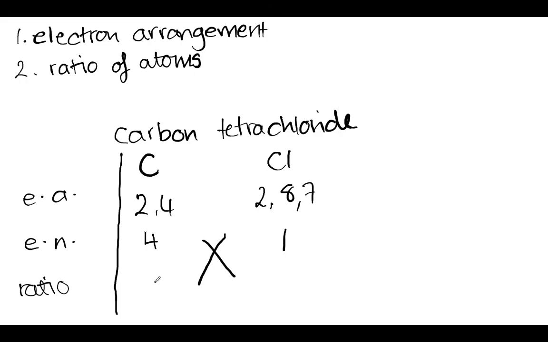And we now know that we have 1 carbon atom surrounded by 4 chlorine atoms. Carbon, which we only have 1 of, becomes our central atom. So we draw it in the middle. It has 4 outer electrons, 1, 2, 3, 4.